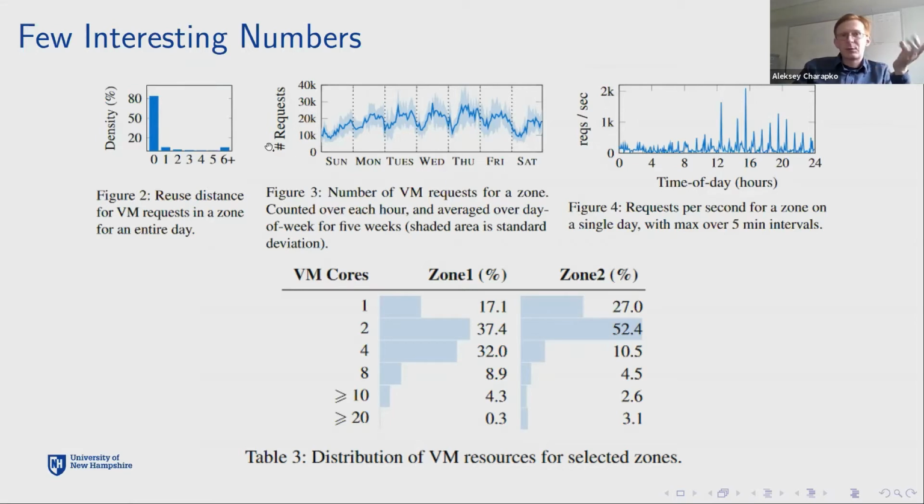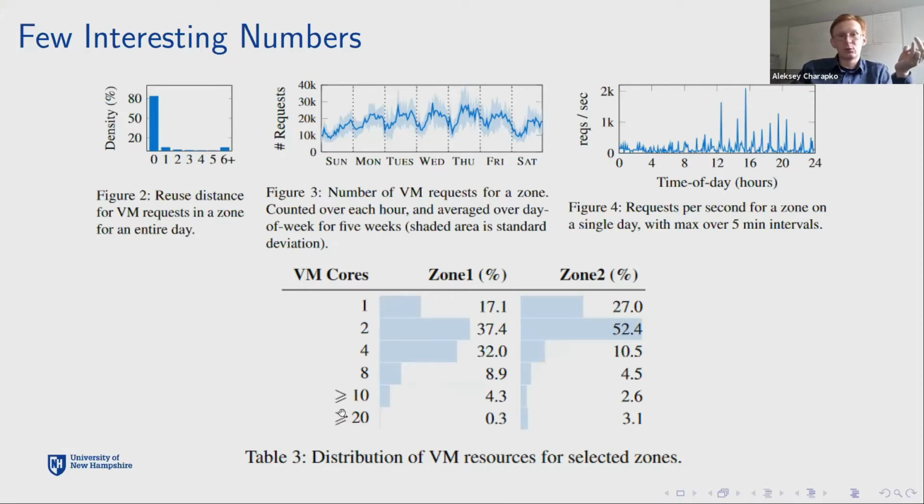Some other interesting numbers are these daily and weekly pattern fluctuations. Obviously on Sunday, people tend to allocate fewer virtual machines, and it seems like they work hardest on Thursday. As for the types of virtual machines, it's interesting to see that most of them have just two cores, so most of the virtual machines are not big at all.